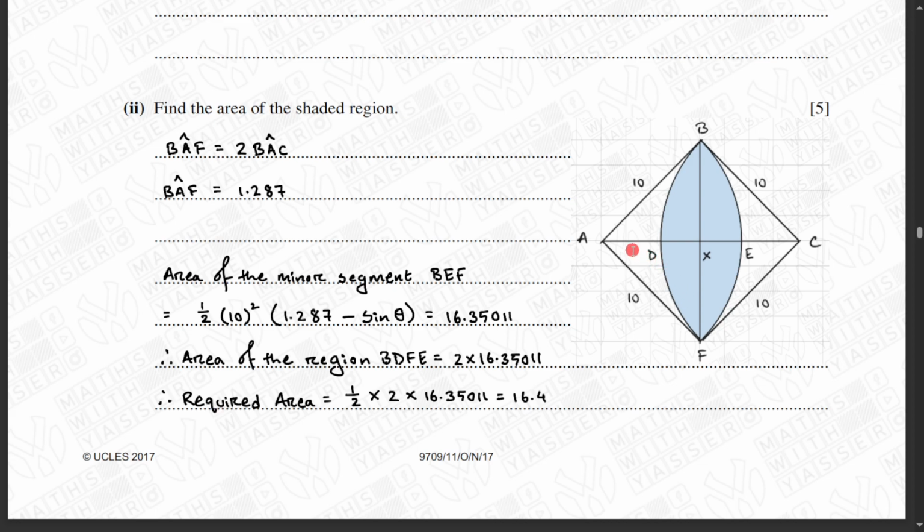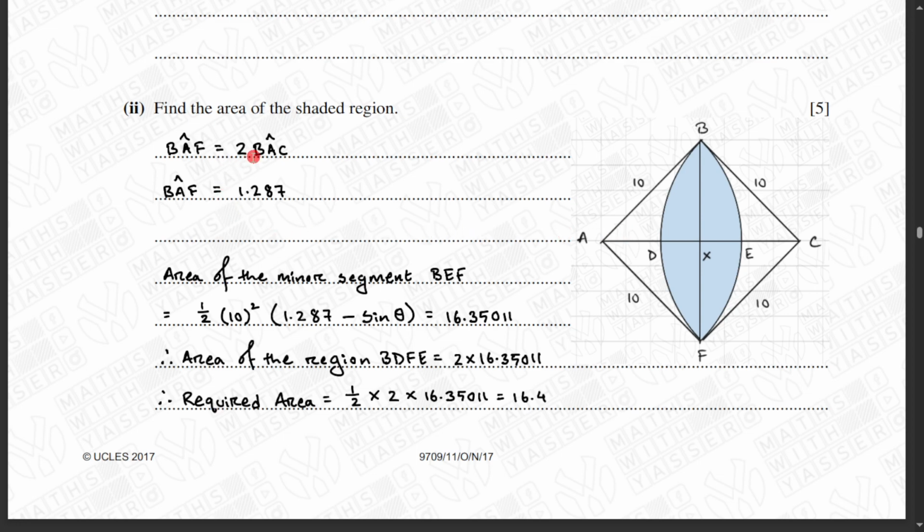The original question only had half of the diagram, so we just created a new diagram, and BAF is equal to 2 BAC. So BAF is 2 times BAC, and we have already proved what BAC is.